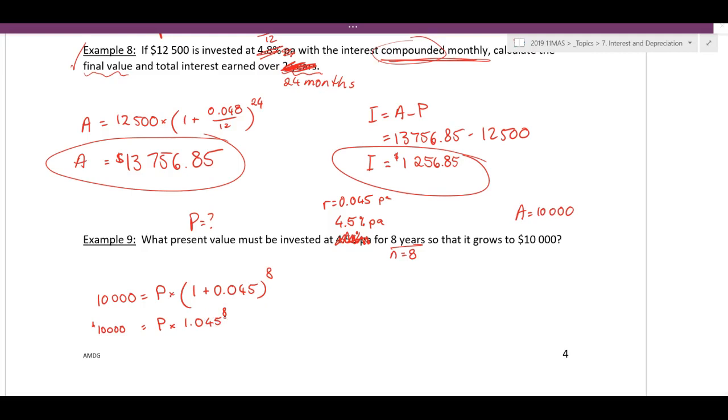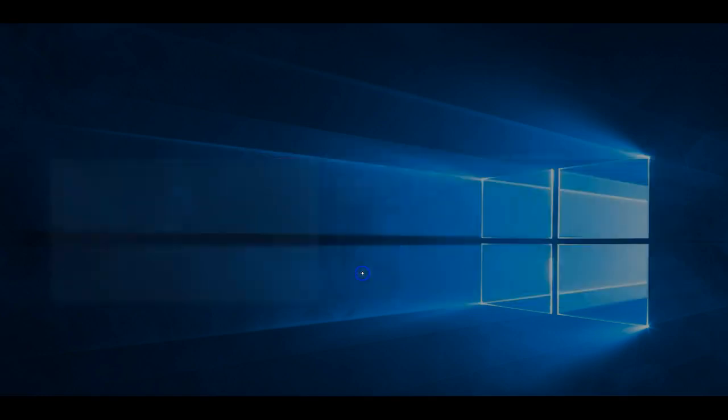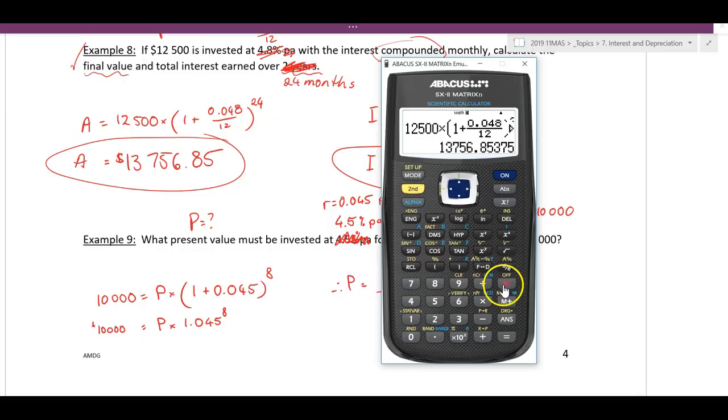Divide both sides by 1.045 to the power of 8, and I get P is equal to 10,000 over 1.045 to the power of 8, and I will most certainly need my calculator there.